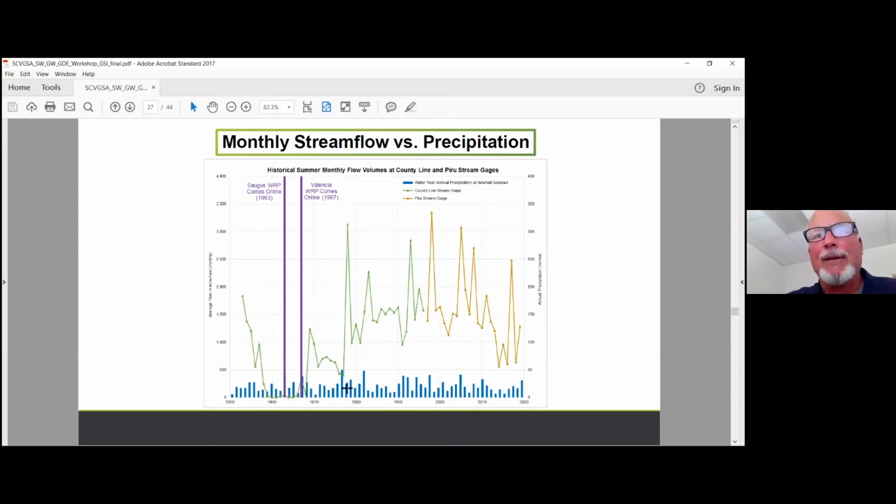It does not appear to be related to rainfall changes. You do see seasonal changes, and these spikes seem to be related to conditions where we did have elevated rainfall either that year or the year before. But overall, this rising trend does not appear to be related to rainfall.